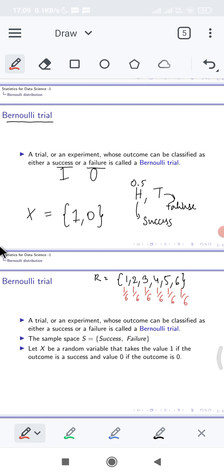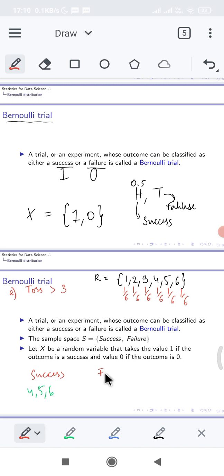Let us suppose there's a Bernoulli trial in which the number you get in a toss is greater than 3. So here your Bernoulli trial success is 4, 5, and 6.